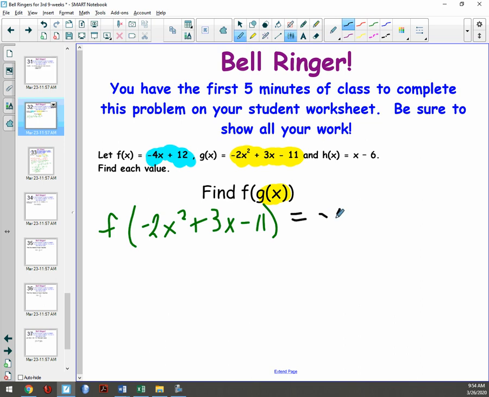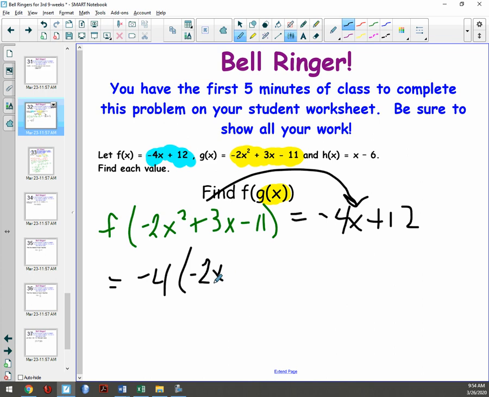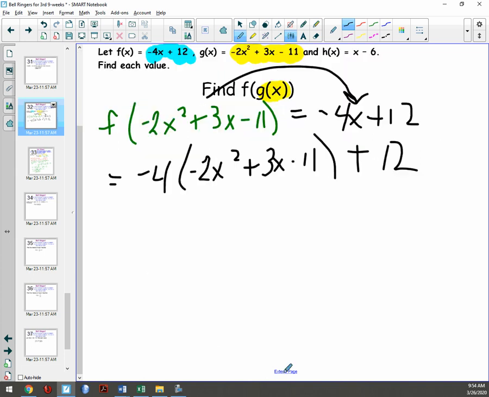So we're going to go ahead and write down what f is. So now every place you see an x, you're going to plug in that expression. So that's going to give you -4 parentheses -2x squared plus 3x minus 11 plus 12. Then you're going to simply distribute and combine like terms.